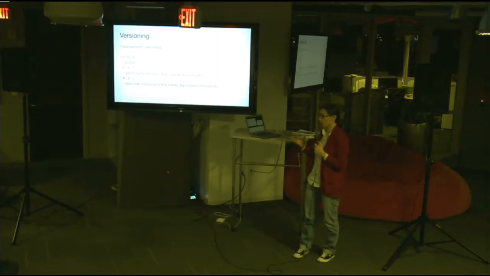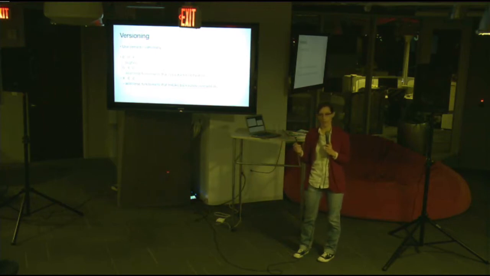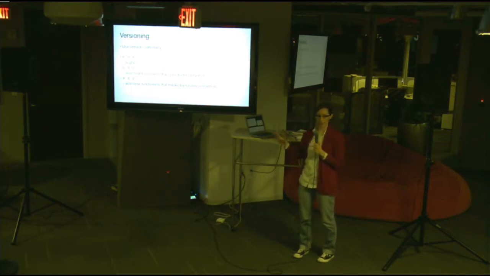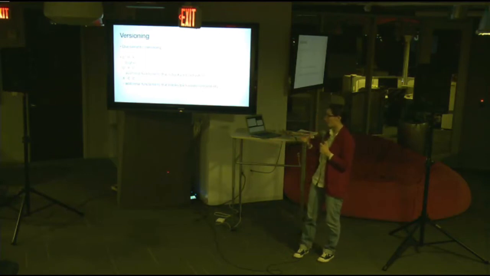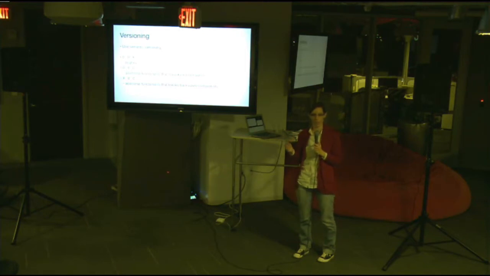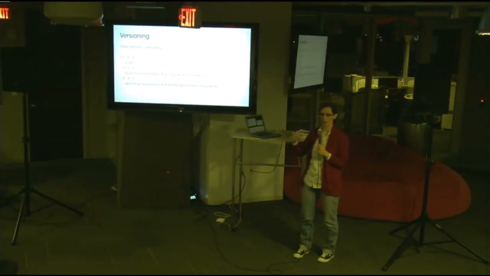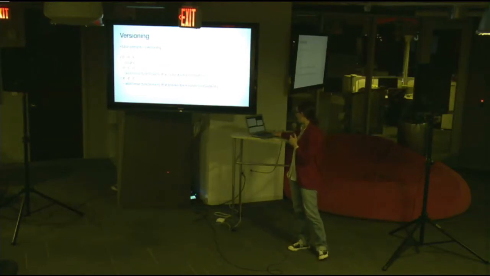The middle number is for additional functionality that does not break backward compatibility. So if I update my gem, nothing will break in how I'm already using the gem. And then the very first number is for additions that do break backward compatibility. So if you're going to break somebody's use of your gem, you want to increment that portion.